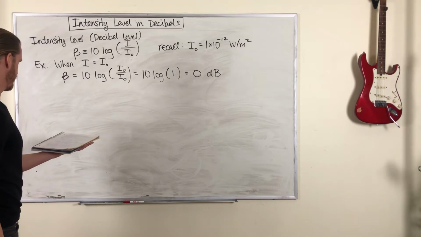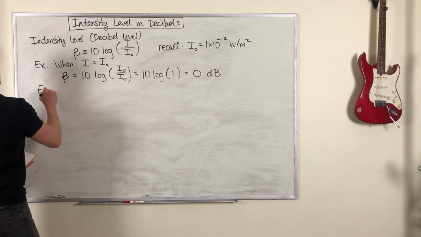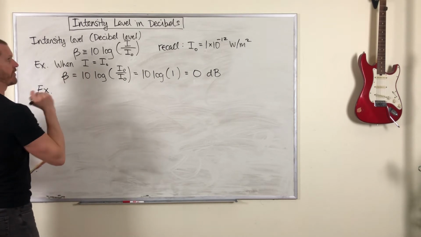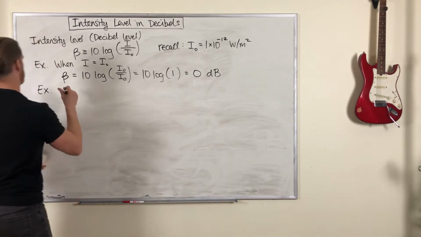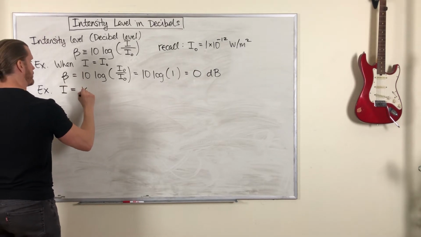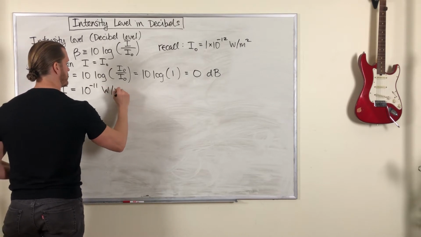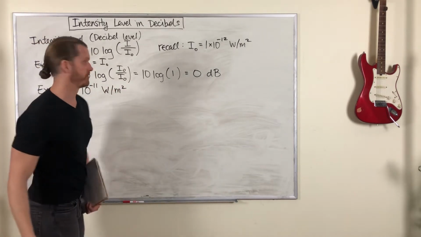Let's say we have an intensity that's 10 times louder. Let's say I equals 10 to the minus 11 watts per square meter.